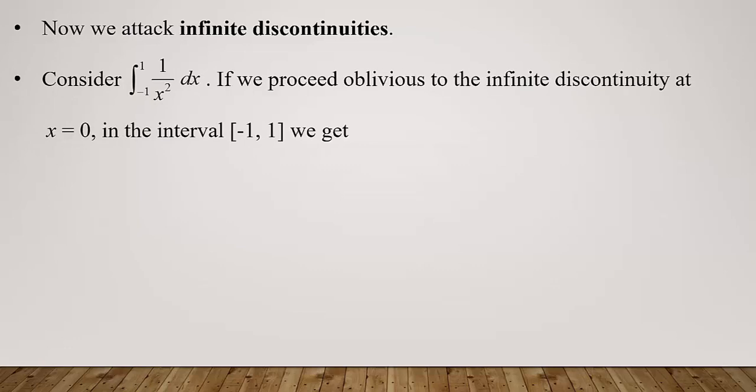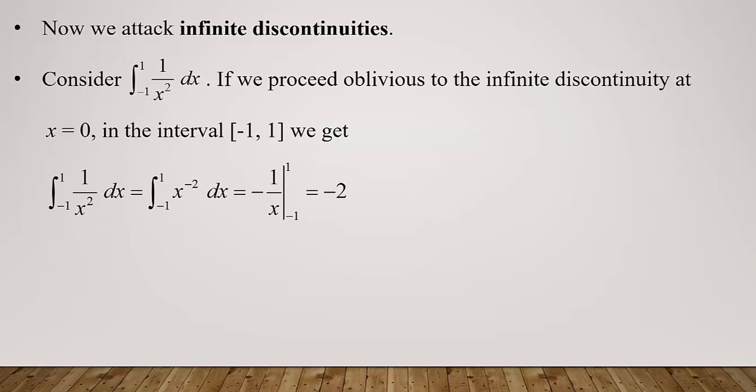For example, consider the integral from negative 1 to 1 of 1 over x squared dx. If we happen to proceed completely oblivious to the fact that there is an infinite discontinuity at x equals 0 in the interval negative 1 to 1, here's what we'd end up getting.